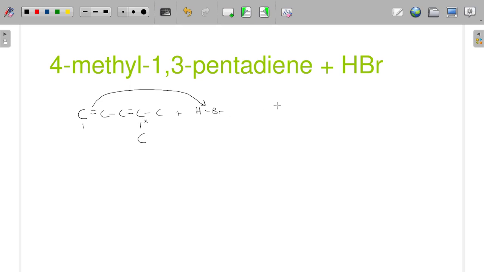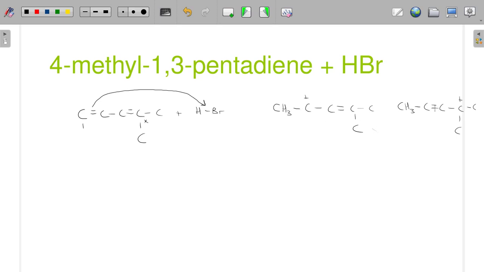So that's not a good 1 position. So my carbocation that I'm going to create at first is going to look something like that. And therefore it's going to resonate with this one. I'm just moving these back and forth.